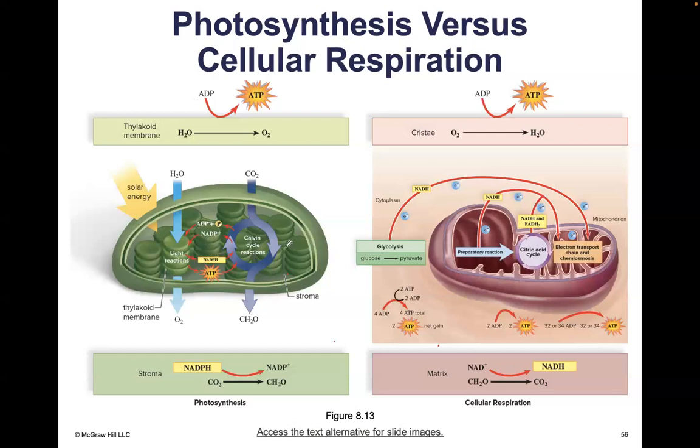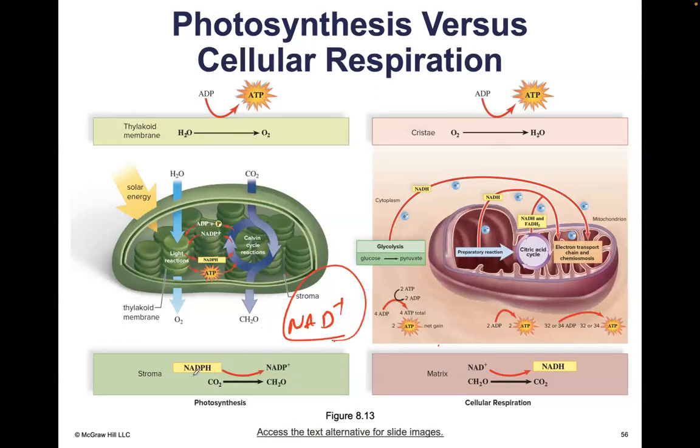In the thylakoid membrane, water is converted into oxygen with ADP converting into ATP. In the stroma region, carbon dioxide is converted to glucose with NADPH converting to NADP plus.